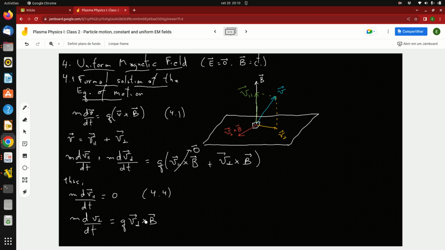V perp cross B is perpendicular to both v perp and to B, so it has to be on the plane perpendicular to B. So v perp cross B is part of the equation for the perpendicular component of the acceleration dv dt. That's why I have kept it here. This is 4.5.